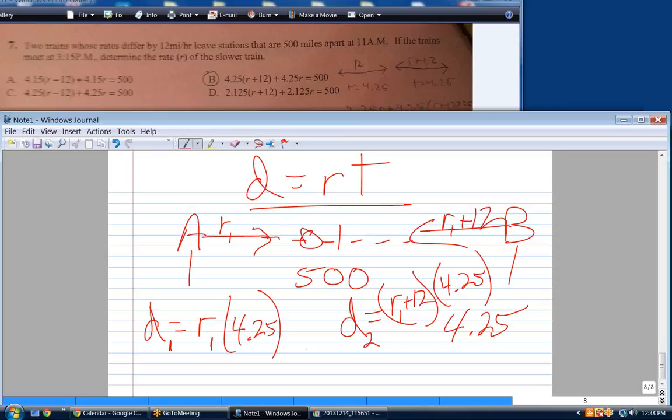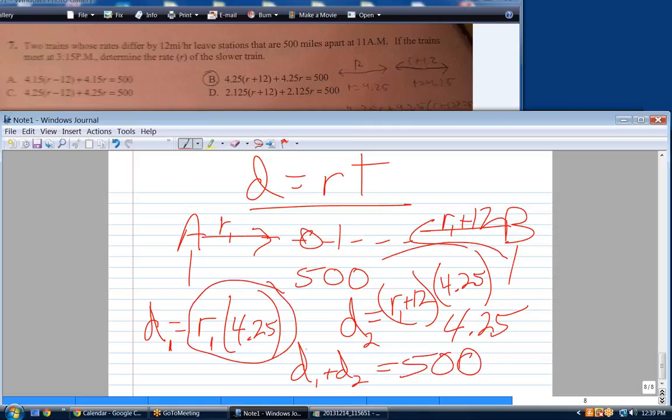And one last equation is what? To incorporate the 500, you'd add the two equations together and set them equal to 500. Okay. So let's add this equation plus this equation and let it equal 500.